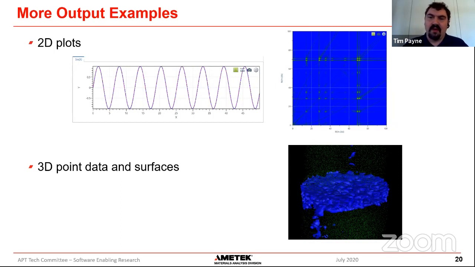And you can also have a graphical heat map, color map type plot, which is shown on the right there. And you can have a more standard Atom Probe software 3D view with whatever data you'd like. And you can also add points and surfaces to that 3D data. And the interface for the view builder is very, very easy to use. It was meant to be very easy for the users to add new visualizations.